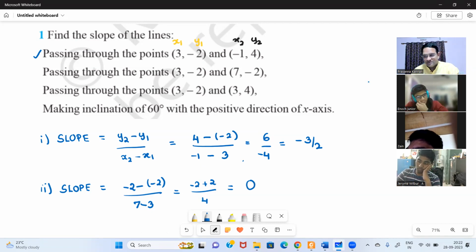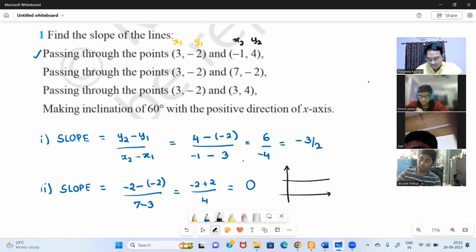Exactly. So slope is 0. So you can visualize, if slope is 0, that means we are talking about a line which is parallel to which axis? The x-axis. It makes an angle 0 with x-axis.